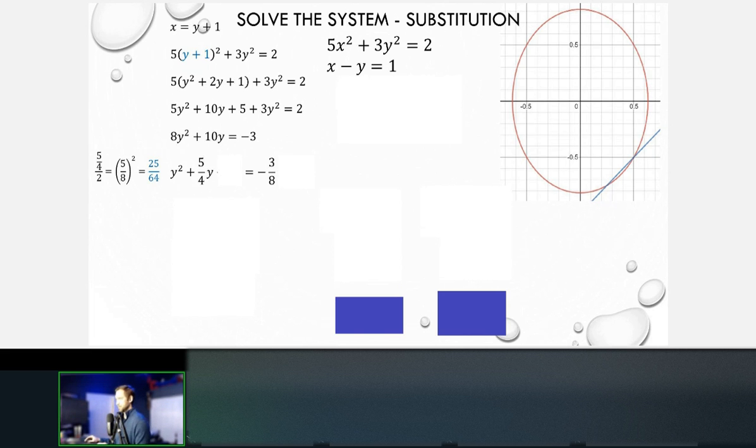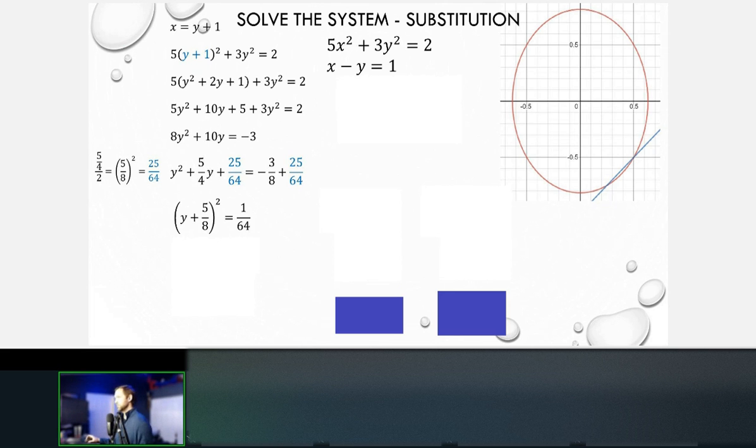So we're going to add 25 over 64 to both sides. And then we factor it. So by doing complete the square, we know without thinking about it that this factors to y plus 5 over 8 quantity squared. And then negative 3/8 plus 25 over 64. You can do it in your head, or you can just type it in your calculator to get the number, which is 1 over 64.